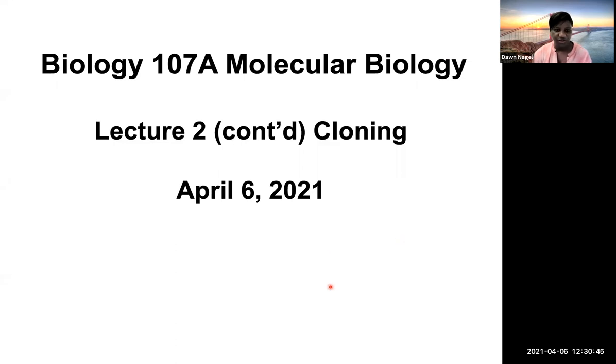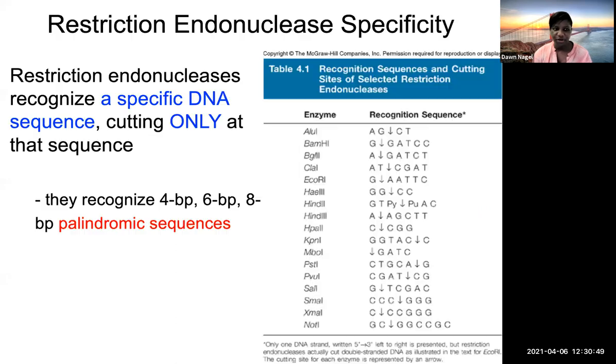So what I would like to do is just refresh your memory on what we specifically spoke about in terms of restriction endonucleases, to make sure you really understand some key information. We talked the last time about the fact that restriction endonucleases are enzymes used in bacteria to protect themselves from invading or foreign DNA.